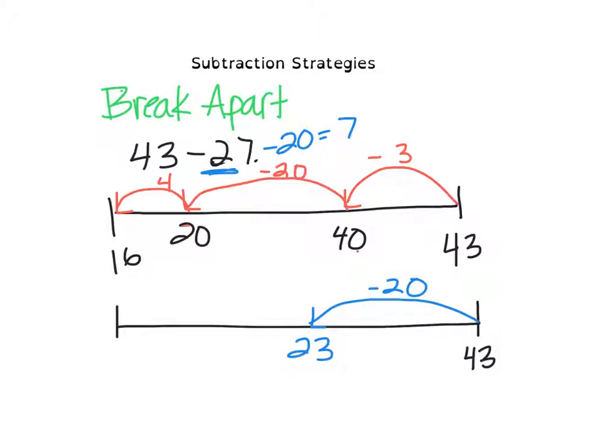So we have that 7 to work with. In this case, I'm still going to take the 3, which is going to be 20. And this time, I'm going to take 4, which is going to be 16 again. So just slightly different. It still adds up to that 27.